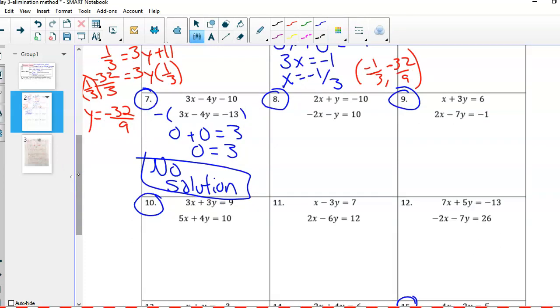X. How would we get rid of the x's? Could we add these two? Wait, subtract. If we subtract 2 minus negative 2, would that get rid of the x's? No. We have to add.